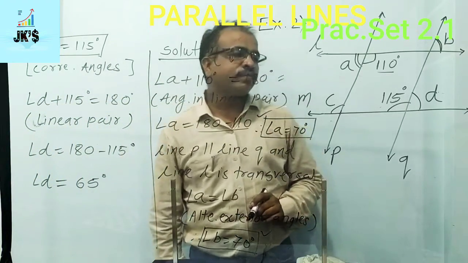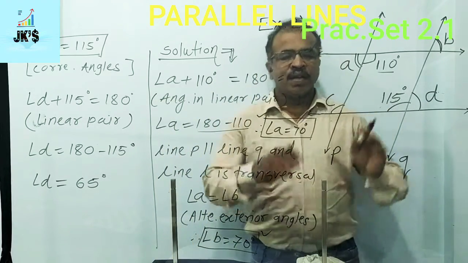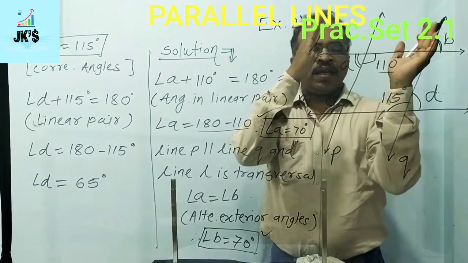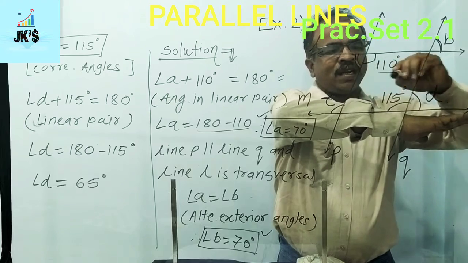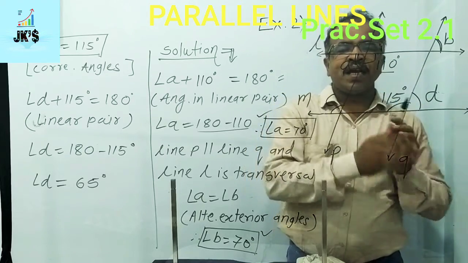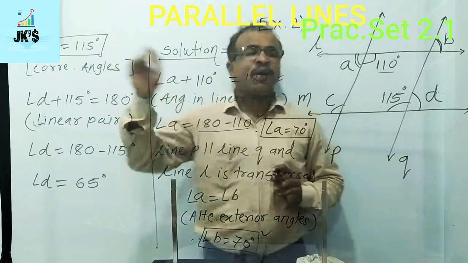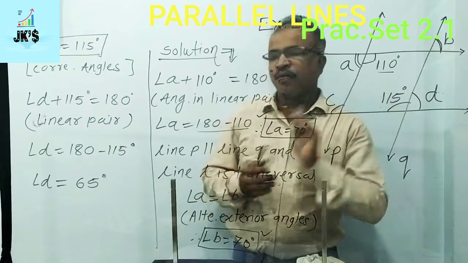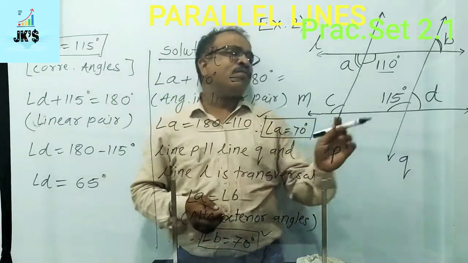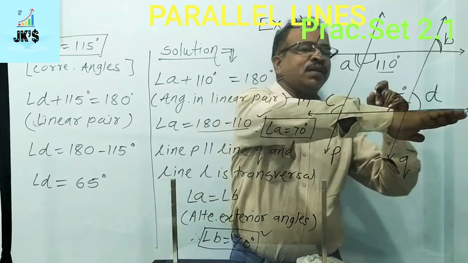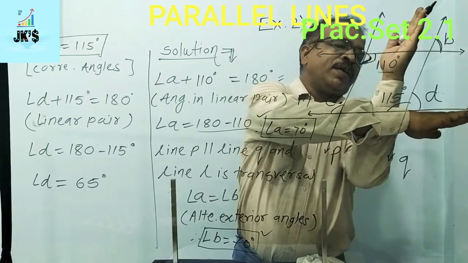Third one, angle C and angle 115. Line P is parallel to line Q and M is their transversal. See this angle and this angle. C and 115 are corresponding angles. So angle C equals 115. Now angle D. The relation between this one and this D is that they are in linear pair.